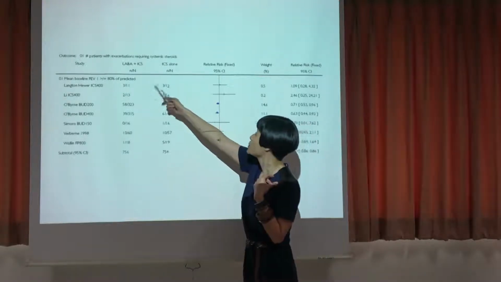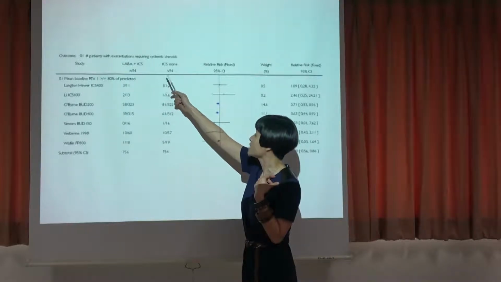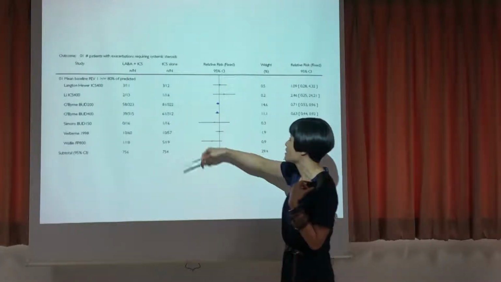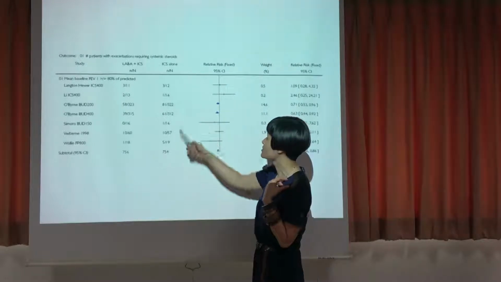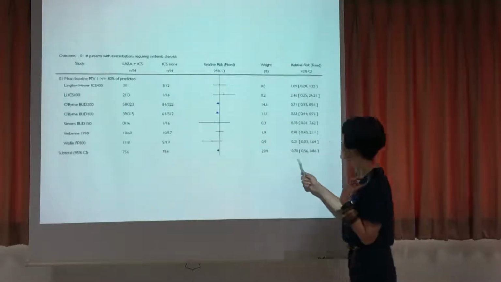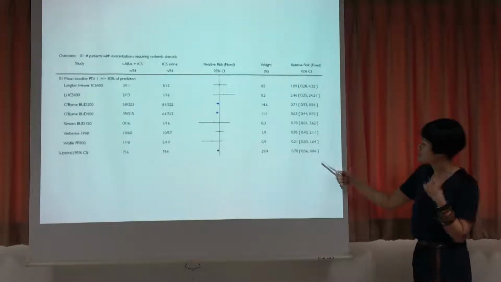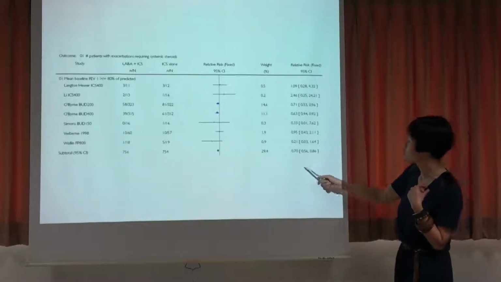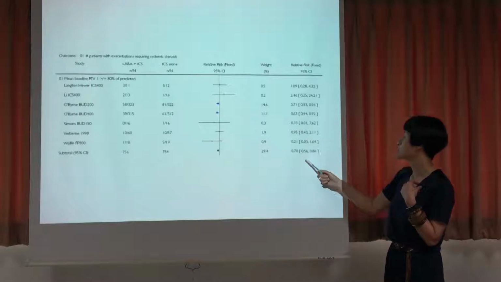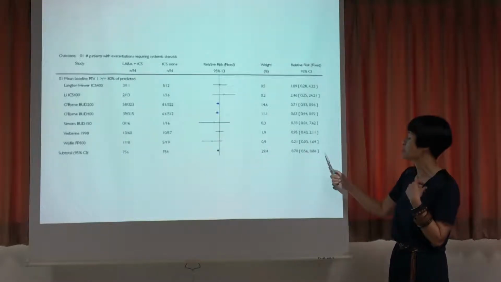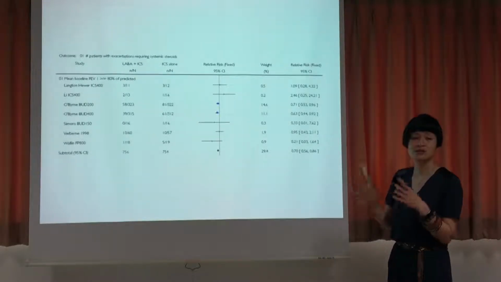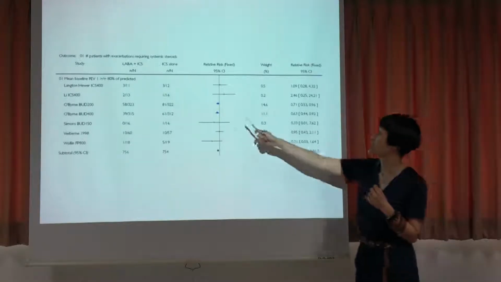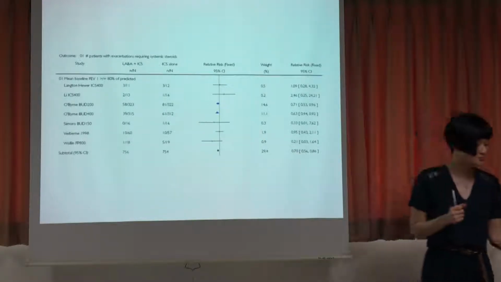So all the LABA plus ICS in one arm and ICS alone in the other arm. So these are the individual studies, and it gives us a statistically significant reduction in exacerbation, 0.7 with a confidence interval of 0.56 and 0.86. So this is considering the LABAs all as a class.